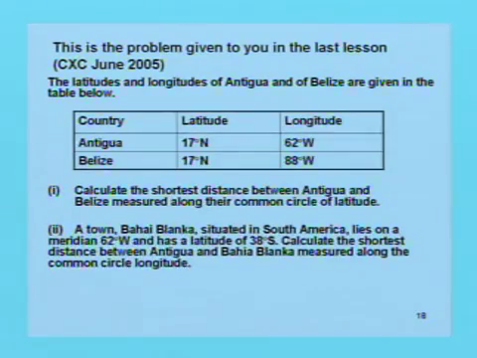Calculate the shortest distance between Antigua and Belize measured along their common circle of latitude. Part 2. A town, Bahia Blanca, situated in South America, lies on a meridian 62 degrees west and has a latitude of 38 degrees south. Calculate the shortest distance between Antigua and Bahia Blanca measured along the common circle of longitude.